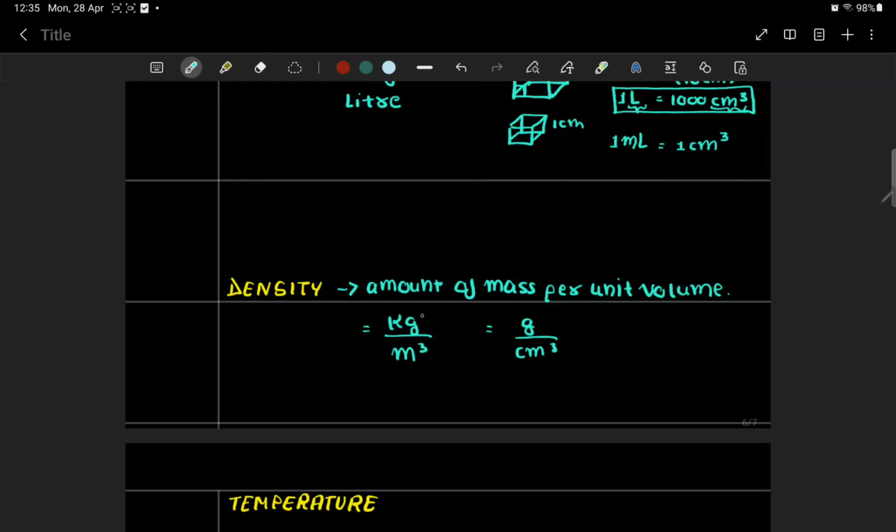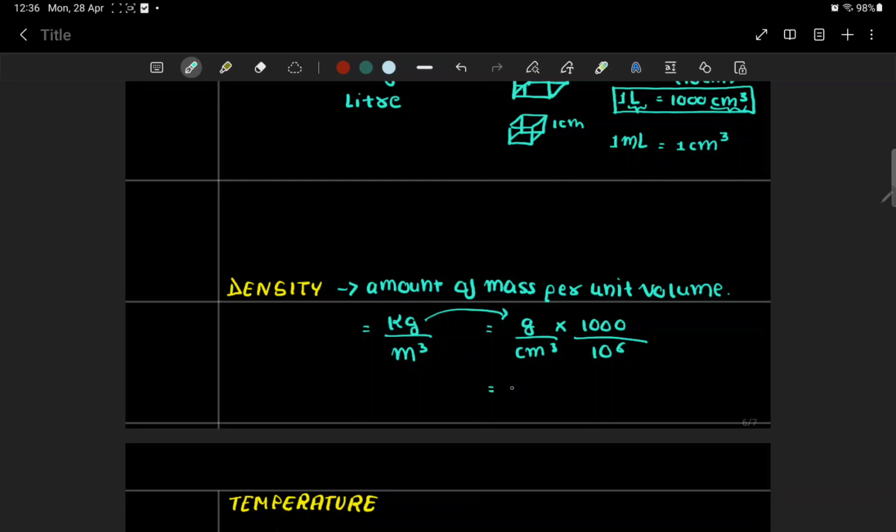It's not like kilogram per meter cube is equal to gram per centimeter cube, because normally if you convert kilogram into gram, it would be times 1000, and out here it would be 10 to the power 6, right?